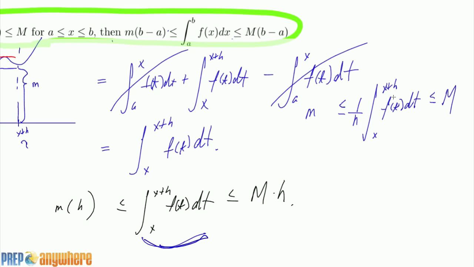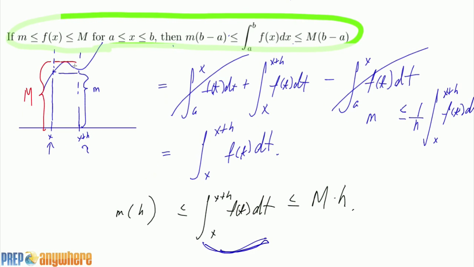Now look, where the minimum m occurs, let's call this u. In this picture, where the m occurred was at x, but it doesn't have to be like that. It could be something like this, and then this would be the lowest. Let's call that u, and let's call this highest point v.